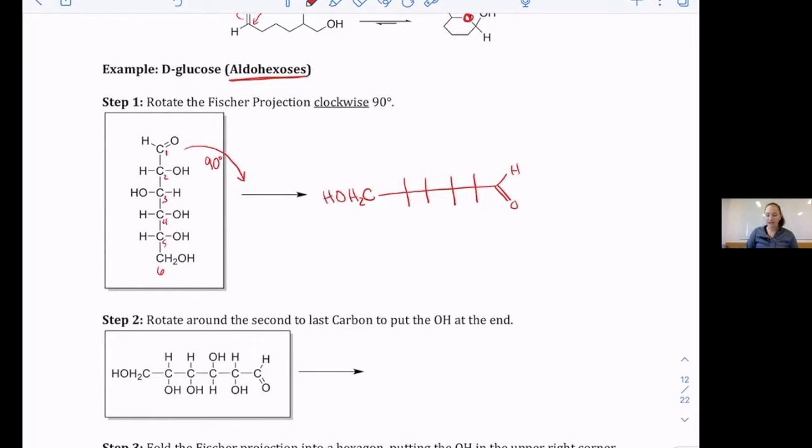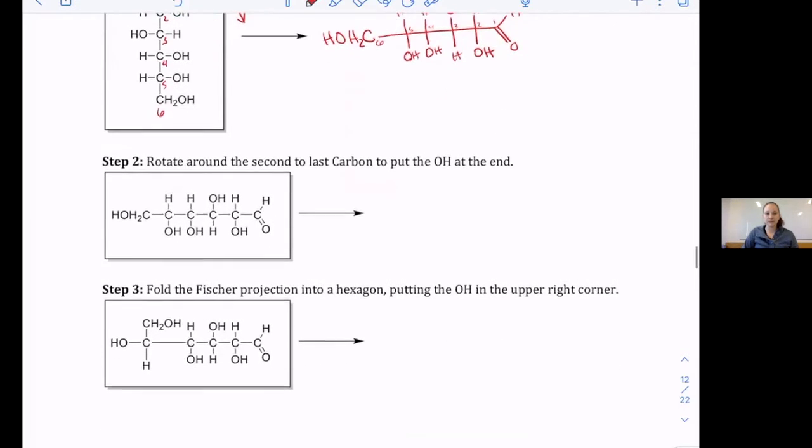Then I'm going to add in all of my substituents so that it's the exact same thing, just rotated. On carbon 2, the OH was to the right, so now it will be down. Number 3, it was up. 4 is down. 5 is down. Add in those hydrogens. Okay, so that's the first step: just rotate the entire molecule clockwise.